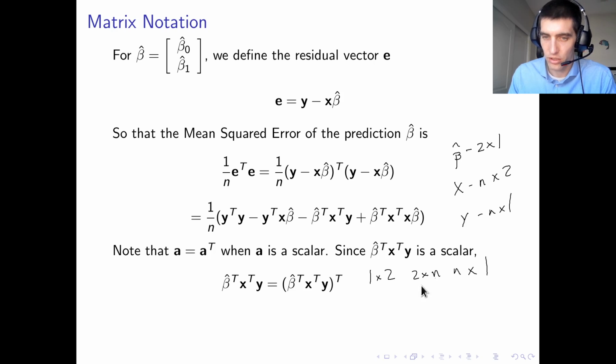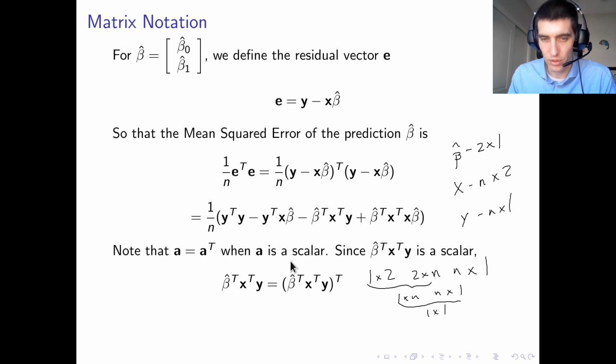So when we matrix multiply these, you remember what happens to shapes when you matrix multiply. The 1 by 2 times the 2 by n becomes a 1 by n, times n by 1, which becomes a 1 by 1. So that shows that this thing is a scalar.